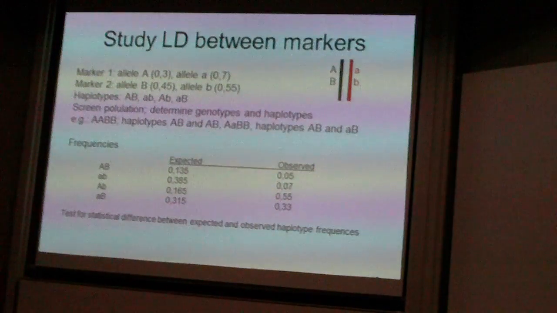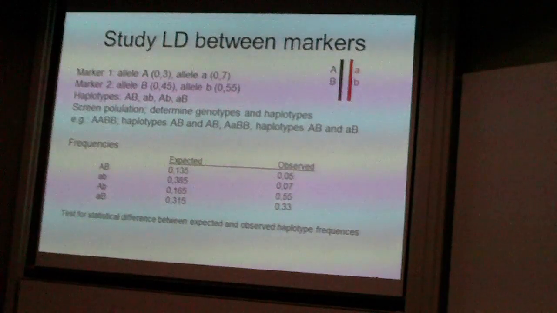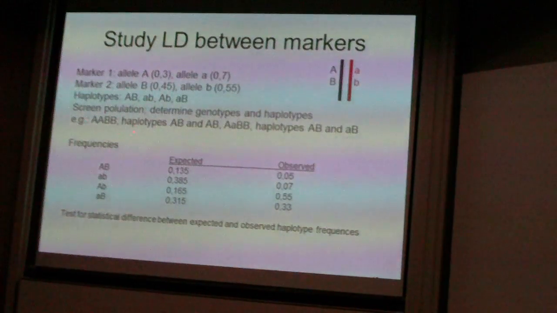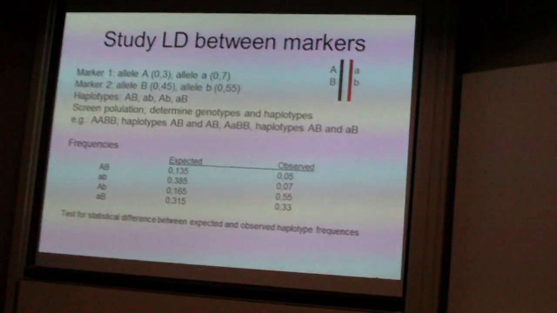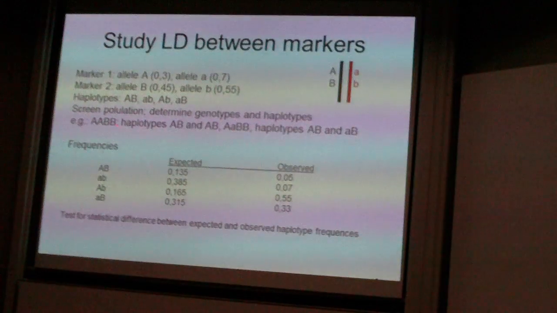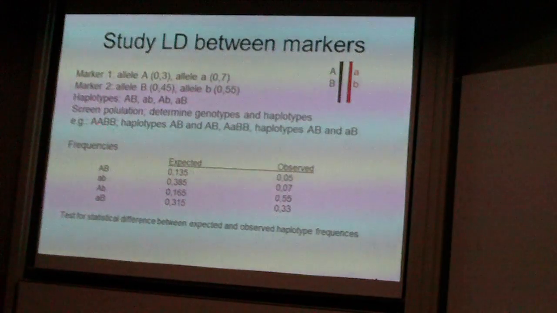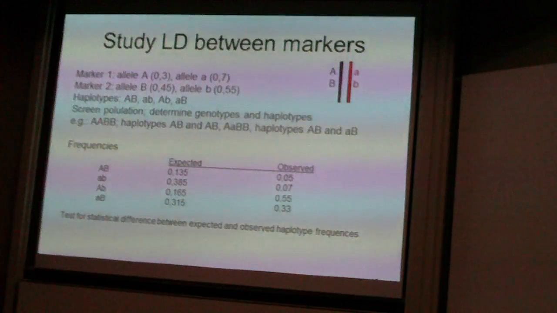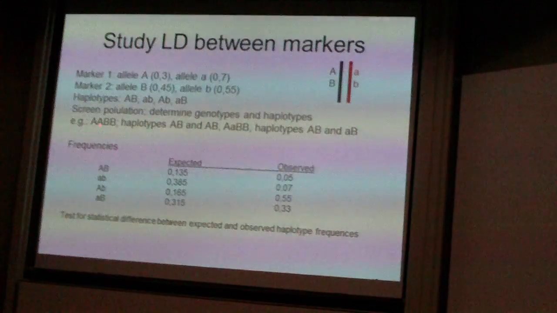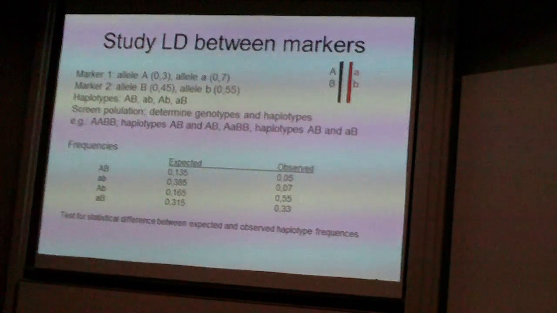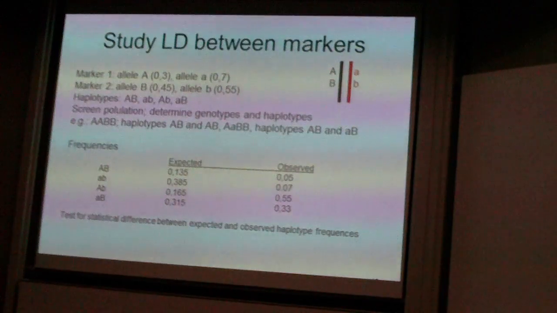Based on the genotypes, you can calculate the frequency of each haplotype. For instance, let's say this would be the genotype of an individual, homozygous for big A, homozygous for big B, then you know, of course, that he will carry one haplotype big A, big B, and another haplotype big A, big B, so 2 times this haplotype.